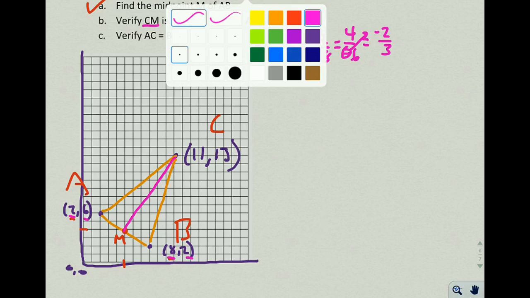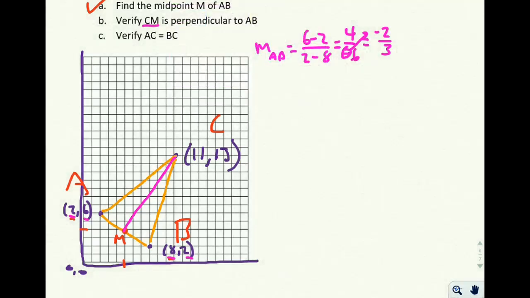Now, I need to run my slope for CM. Slope for CM, my rise, and I forgot to label this point earlier, my coordinate for that midpoint was 5, 4. So I take my 13 minus 4, my y's first, over my x's, 11 minus 5.